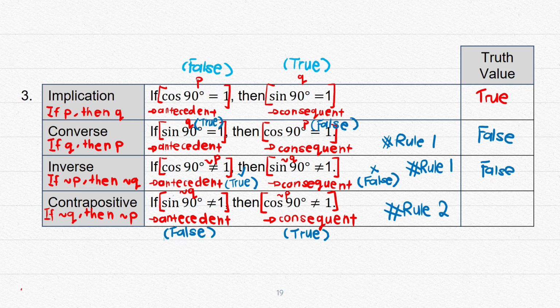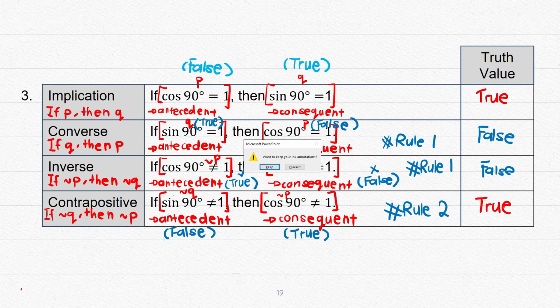Rule number 2 says that if the antecedent is false, then the whole implication will be true. So this contrapositive will become true.